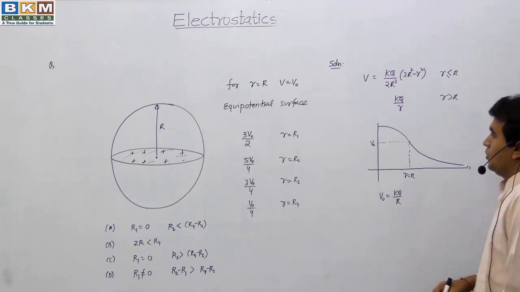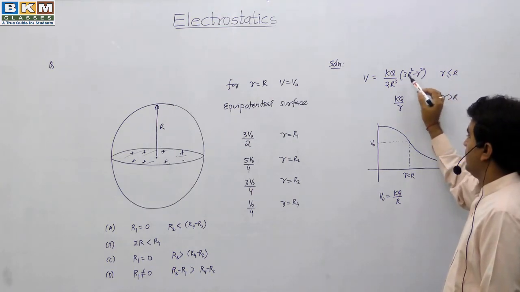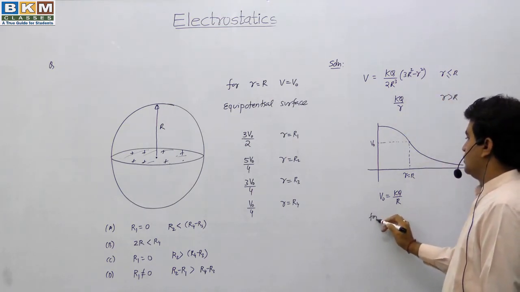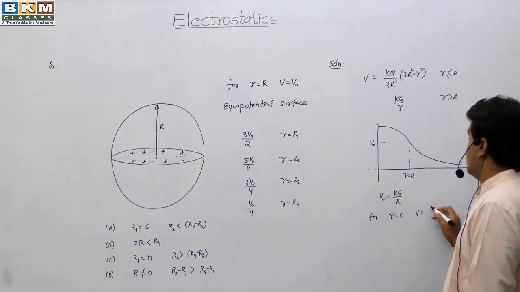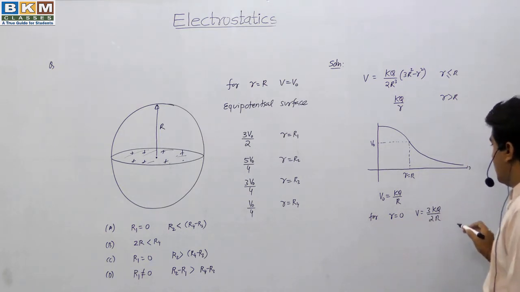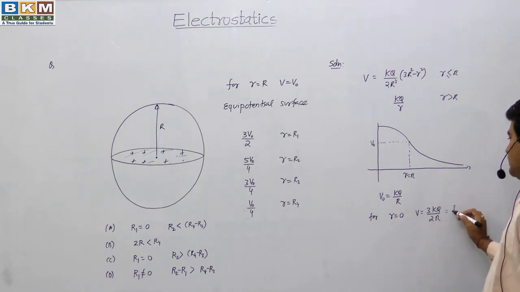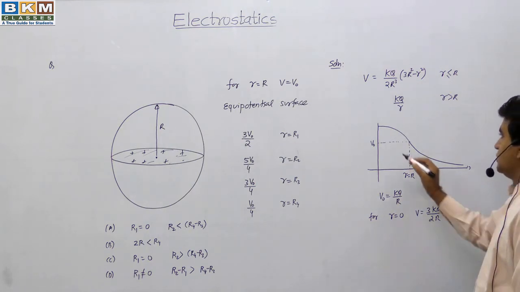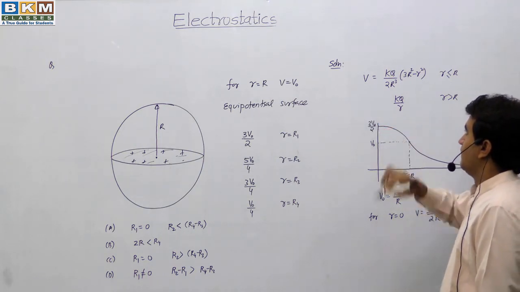Now if we take r equal to 0 inside, we have V is equal to 3kq by 2R. Now if we take kq by R as V0, it becomes 3 by 2 V0. So this point has potential 3 by 2 V0.